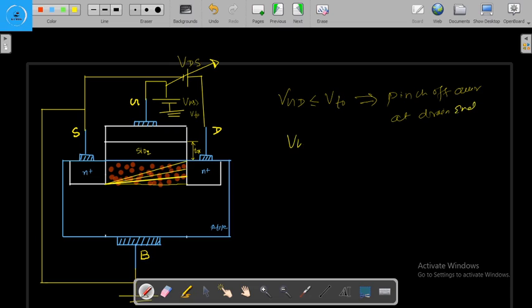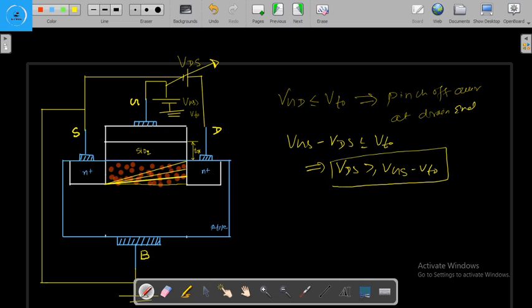So VGD, which is VGS minus VDS, is less than or equal to VT naught. Hence VDS greater than or equal to VGS minus VT naught is the condition for saturation, right?